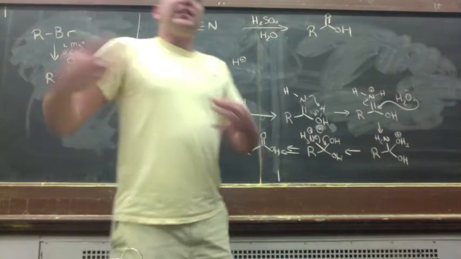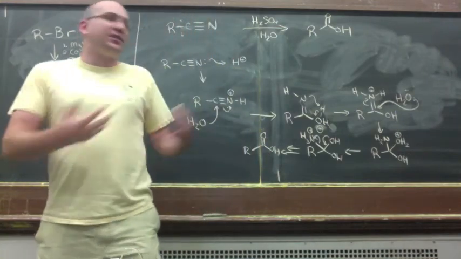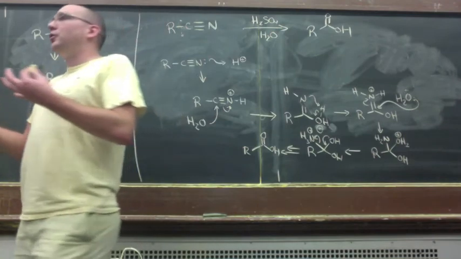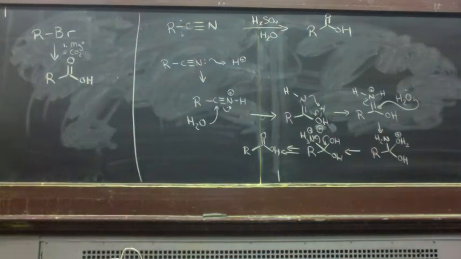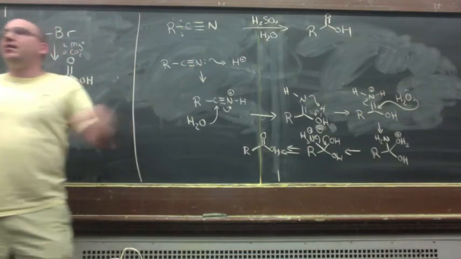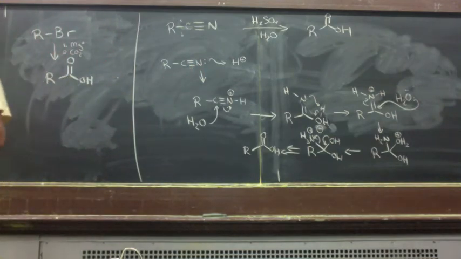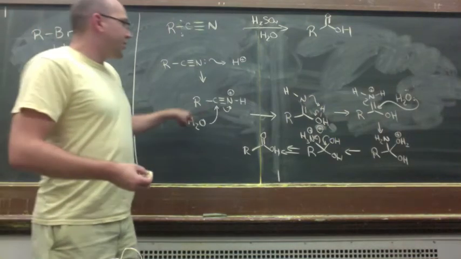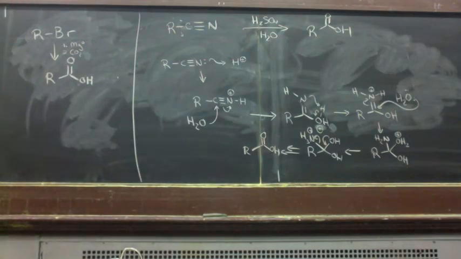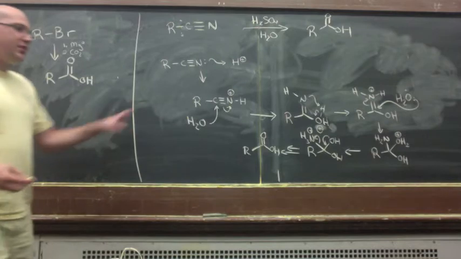Well, it's not exact, but in terms of the overall process, you're protonating a heteroatom on an sp hybridized carbon in this case, and in the other case the sp2 hybridized carbonyl. That's simply going to set off a series of additions, proton transfers, and leaving group processes, and it's eventually going to get to the carboxylic acid.